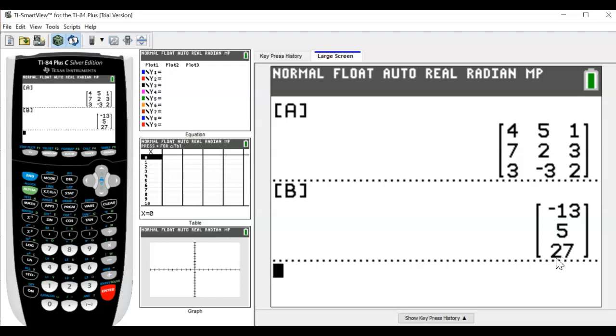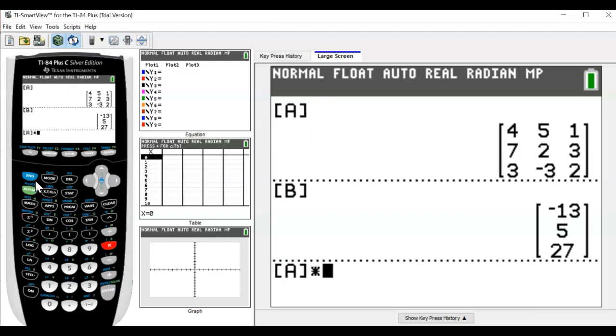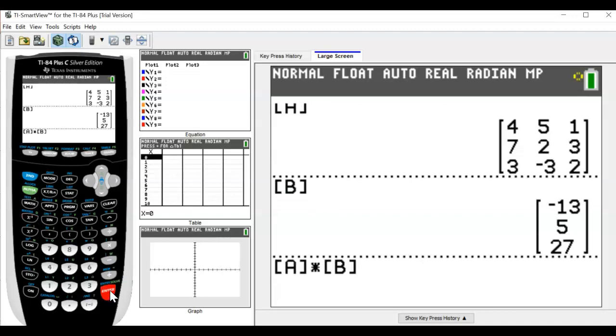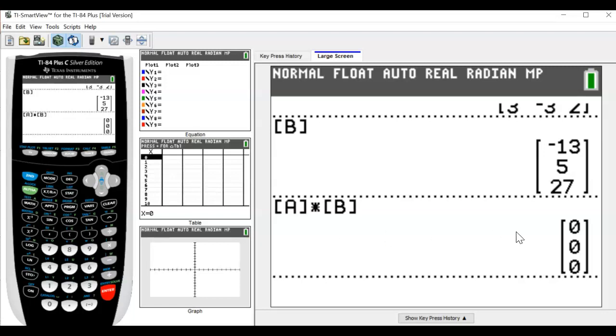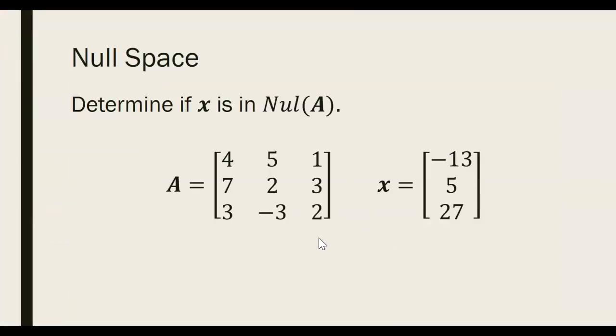So all I'm going to do is just go to matrix A, multiply times matrix B, hit enter, and in this case, we do get the 0 vector out. So, since we get the 0 vector out when you multiply A times X, X is in the null space of A.